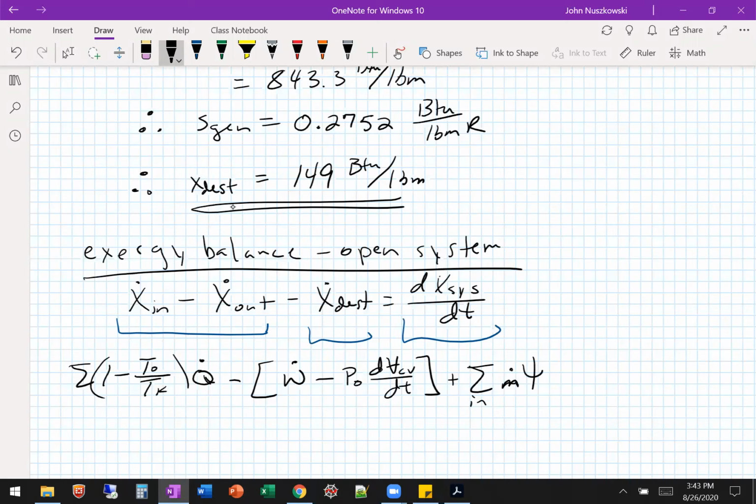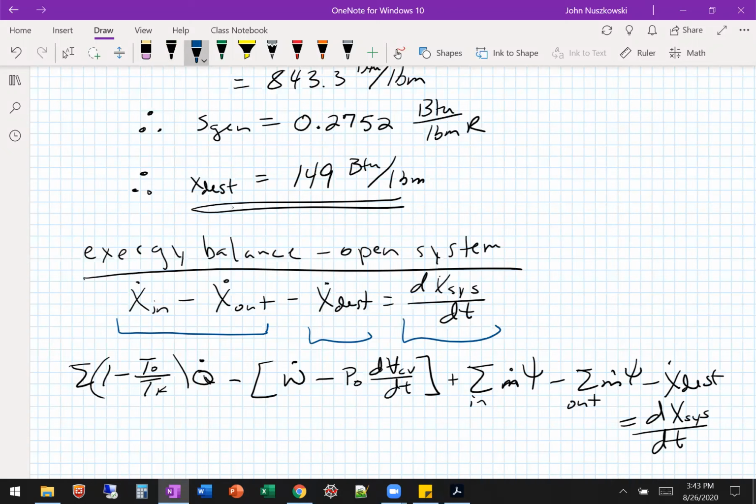Mass flow rate carrying in Exergy, mass flow rate carrying out Exergy. We have our X destroyed. All that's equal to the change in Exergy with respect to time.